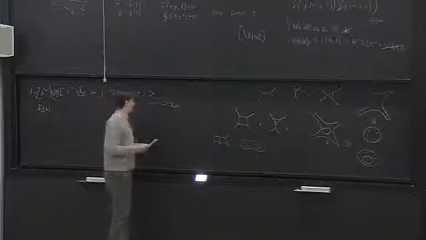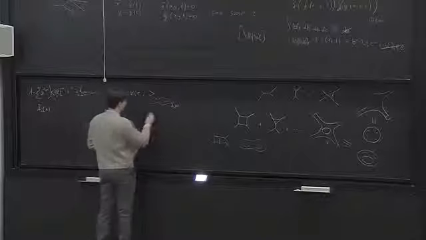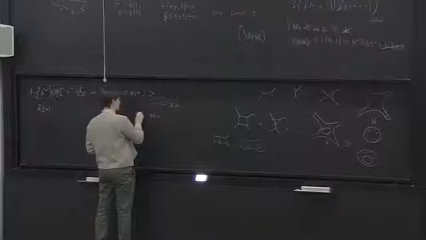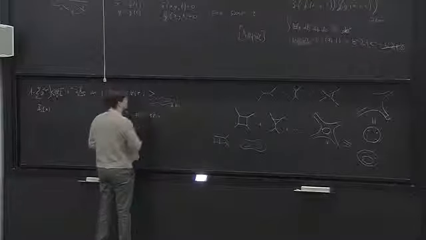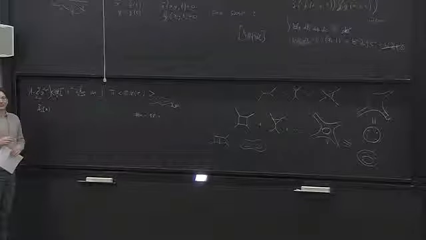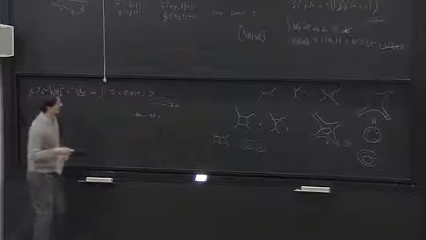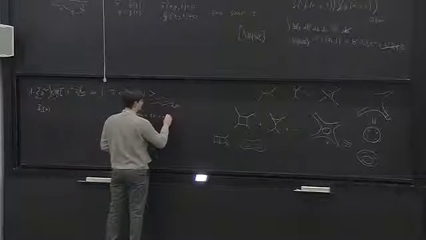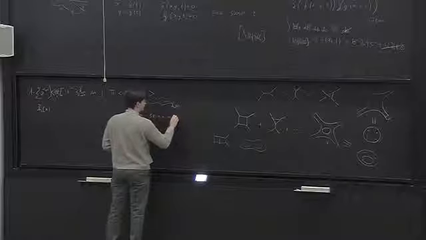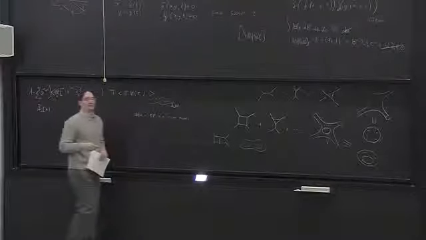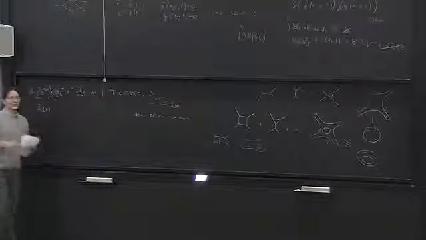This number of parameters is actually 3 times the loops minus 3, the number of mu's, plus the number of points on the surface.